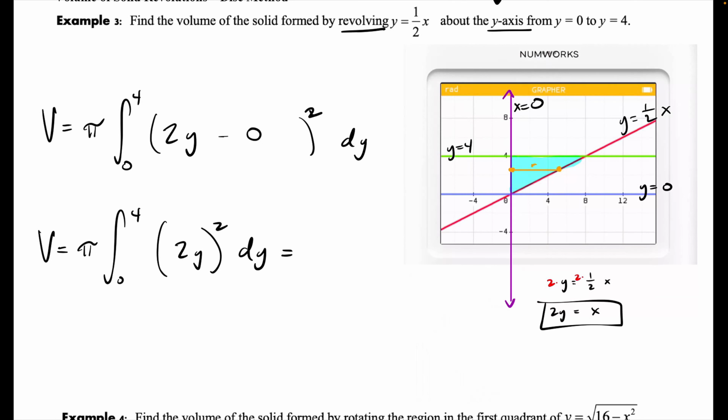Should be 130 something. Verify that you got that.